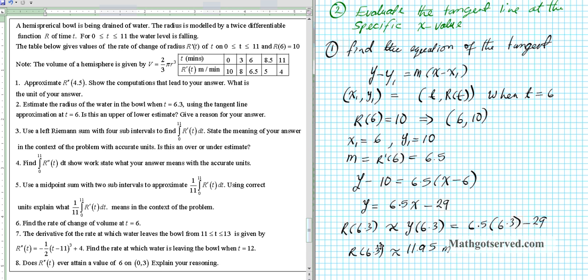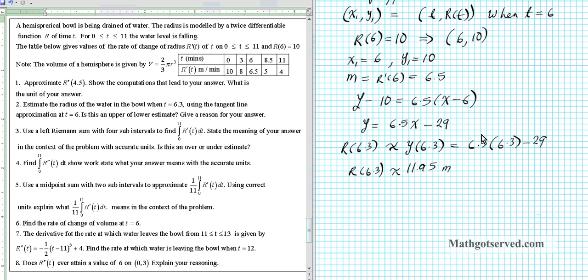Now it says, is this an upper or lower estimate? Give the reason for your answer. In order to determine if it's an upper estimate or lower estimate, what we have to do is look at the concavity. Let me give you the two scenarios here.